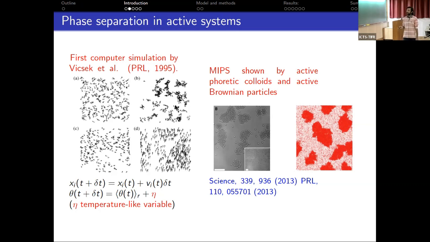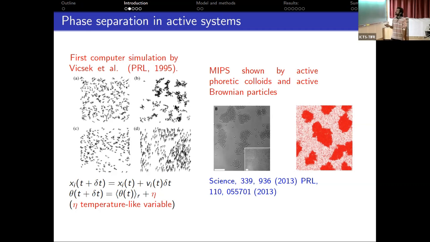Then you have another noise, which is a temperature-like variable. So you can vary the strength eta and the density of the particles and see an order-disorder transition in the system.